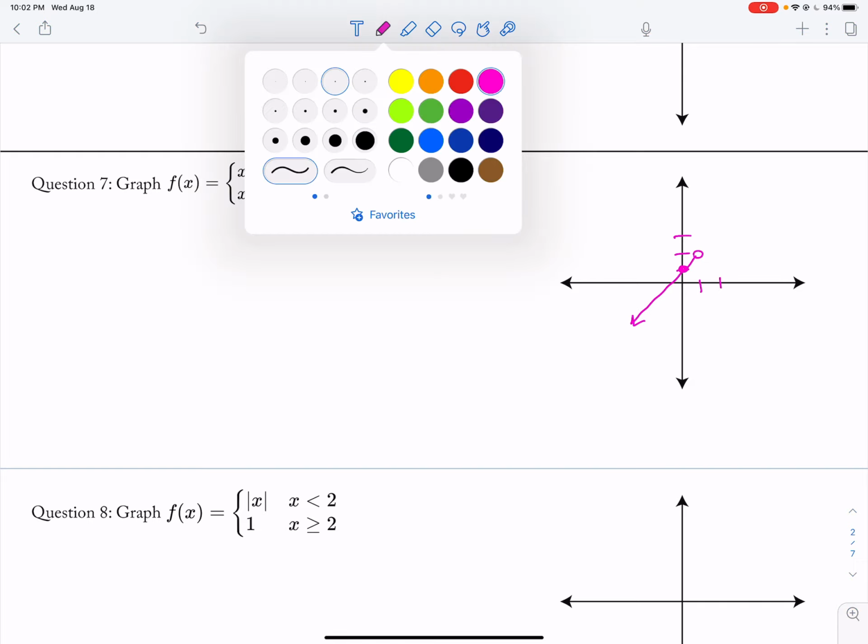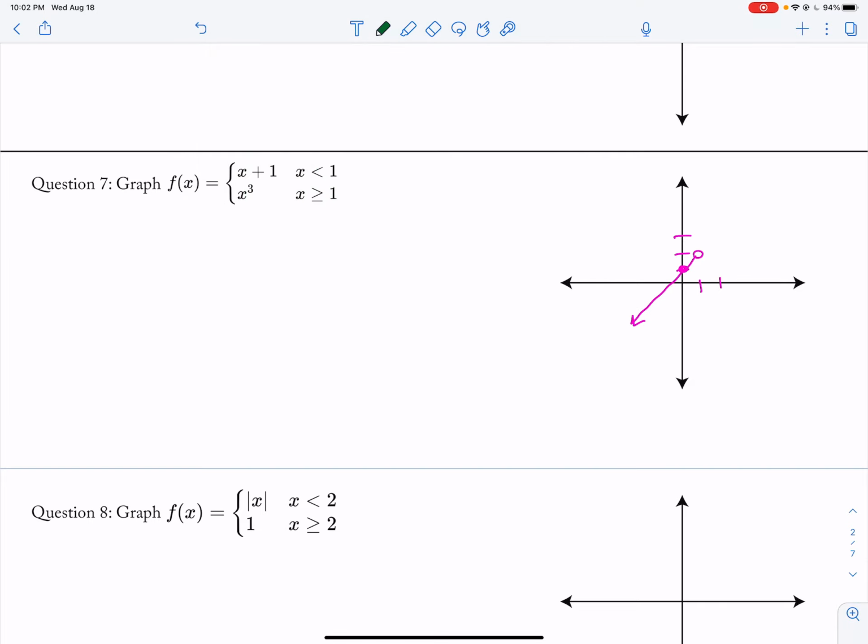And then my cubic would have gone the other direction. So it would have been 1, 1, 2, and then like 8, and so on. So something like this. I graphed the wrong inequality at first. Okay. All right.